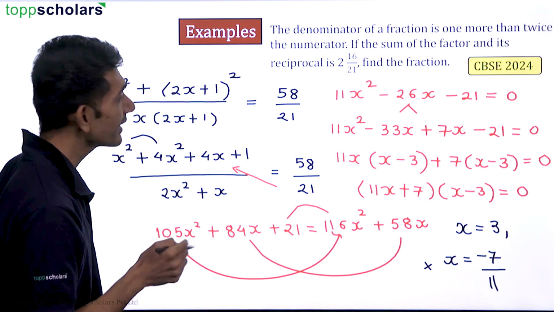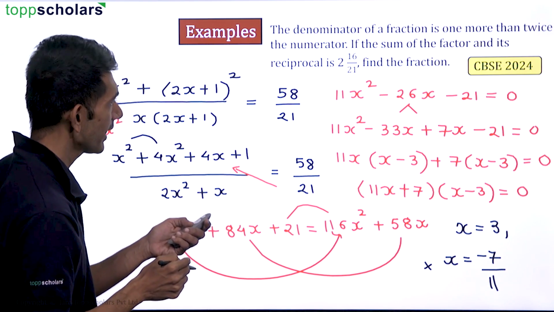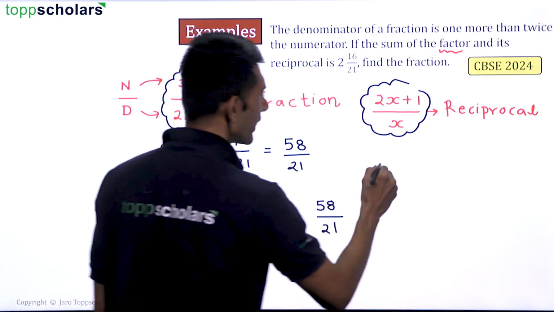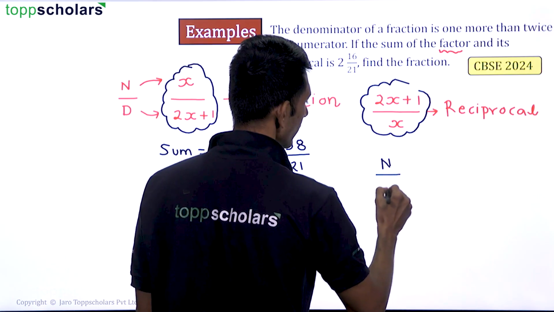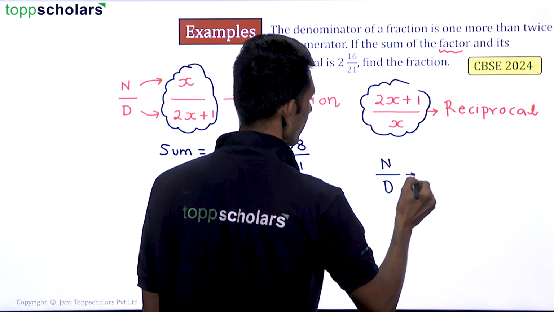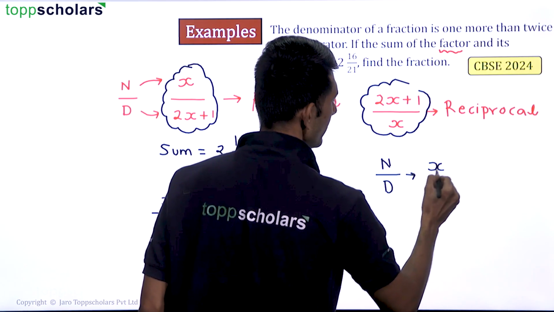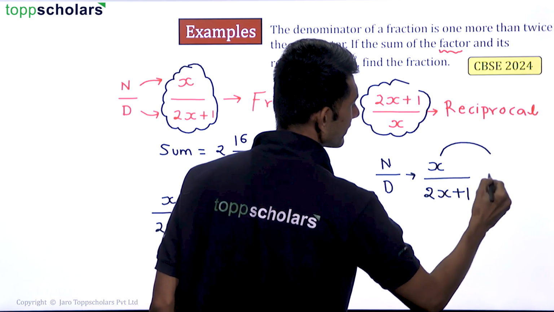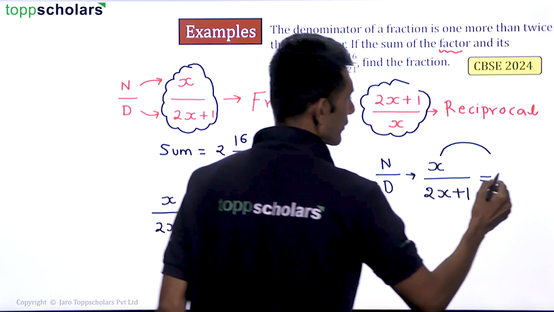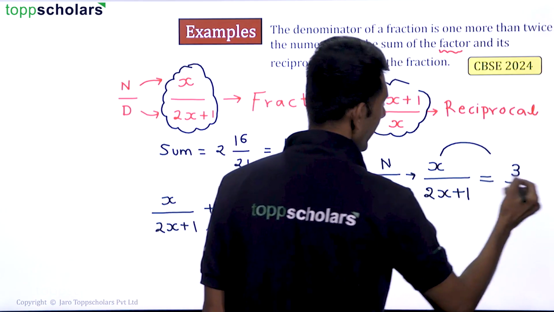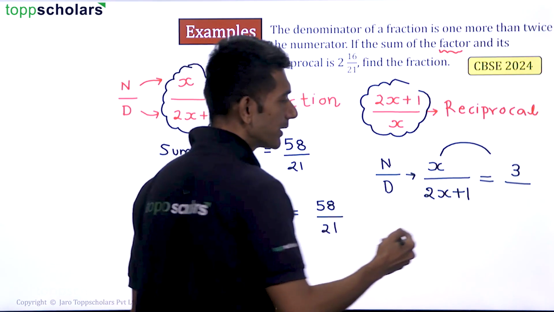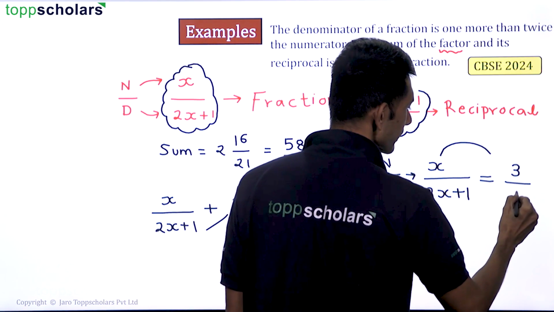Now we have the value of x as 3, right? Value of x is 3. So see, what is our numerator by denominator? Numerator by denominator is x by 2x + 1. Now if x is 3, I am going to get 3 by 2x + 1, that is 2 into 3 + 1. 2 into 3 is 6, 6 + 1 is 7.